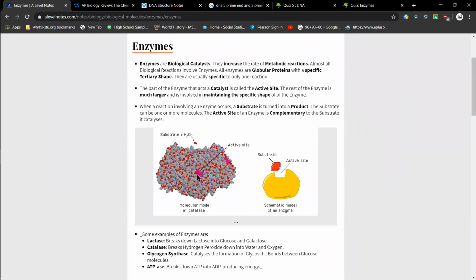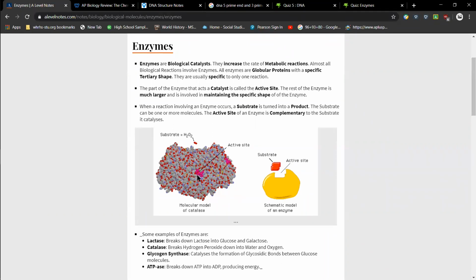When an actual reaction occurs, the substrate binds to the active site, the substrate being the initial thing that you have. In our reaction, it's glucose, and that glucose is turned into the product, which is fructose in our example. The substrate can only be one molecule.